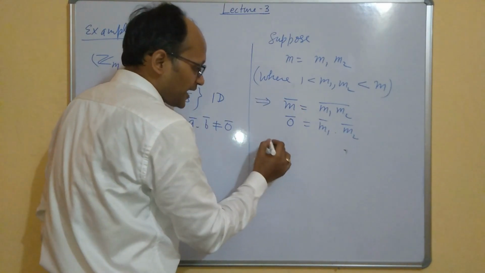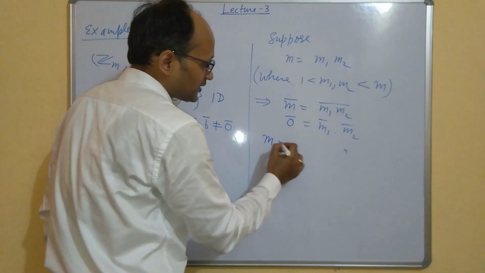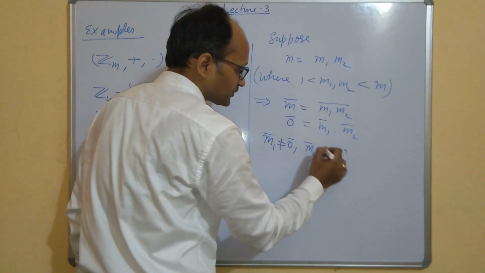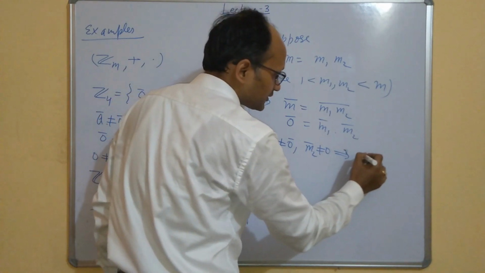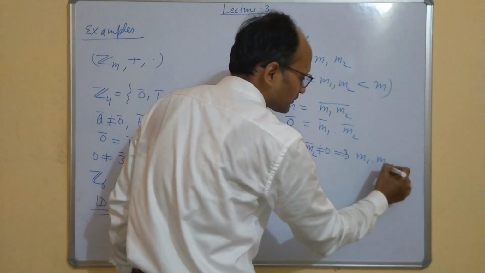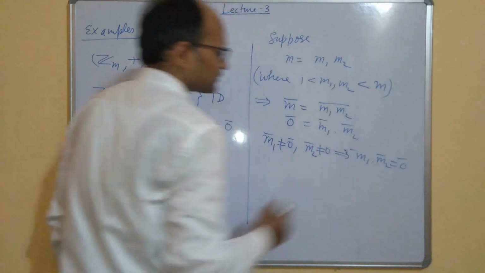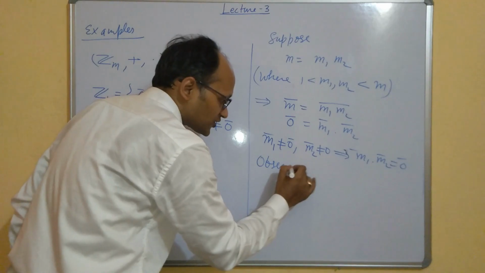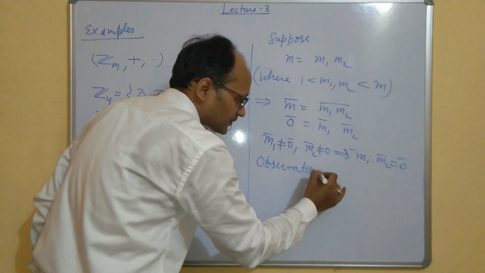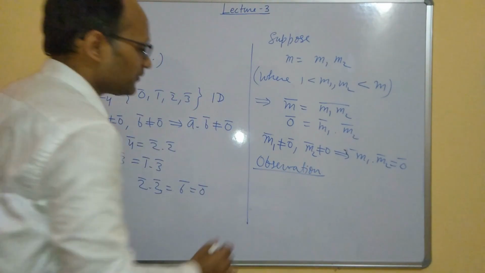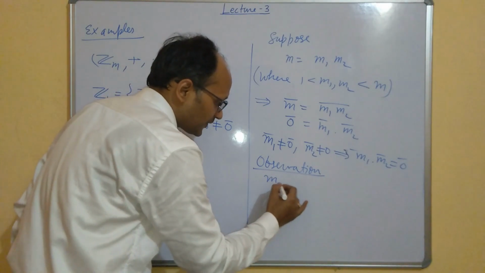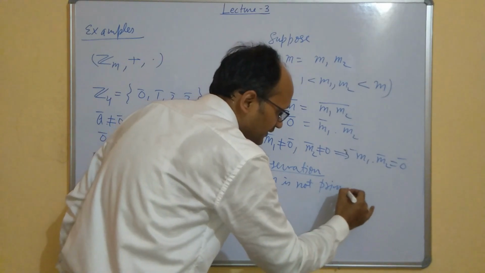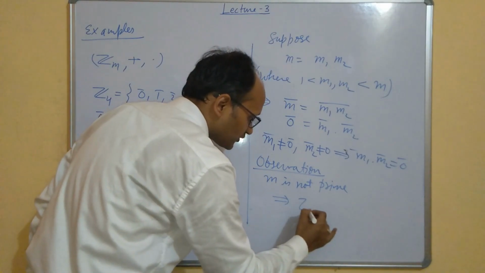So what happens is that m1 is non-zero, m2 is non-zero, but their product m1 into m2 is equal to 0 bar. So our observation is that if m is not prime, then Zm is not an integral domain.